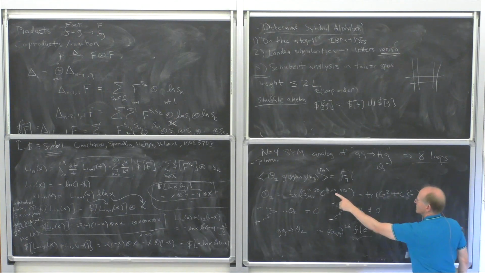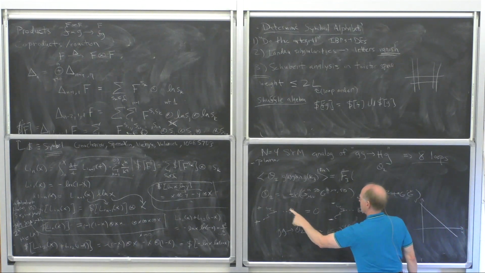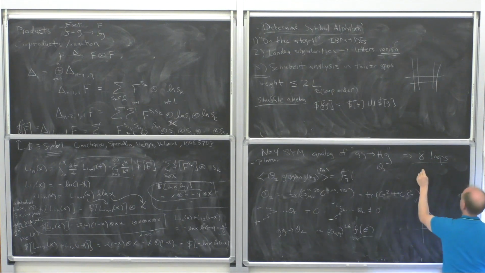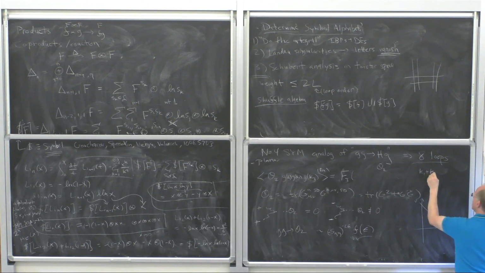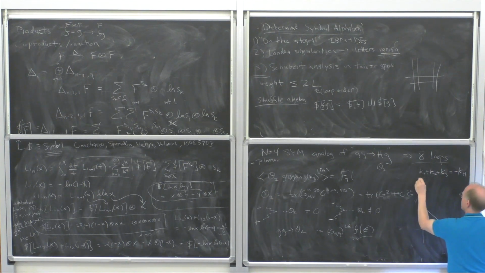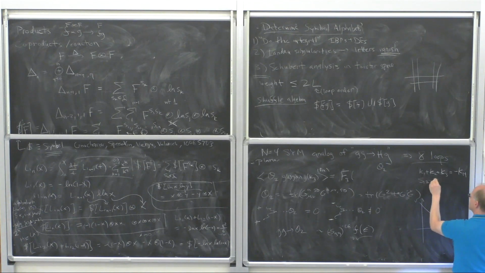So there are 3 momenta, K1 plus K2 plus K3, that add up to minus the Higgs momentum. If we take the square of this equation, it tells us that S123 is m_H squared.